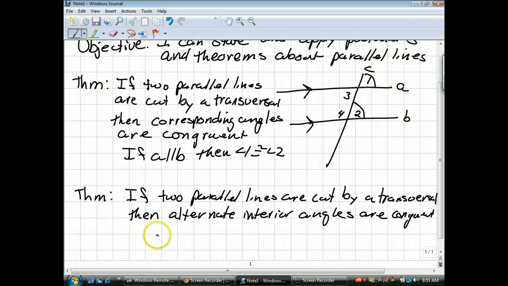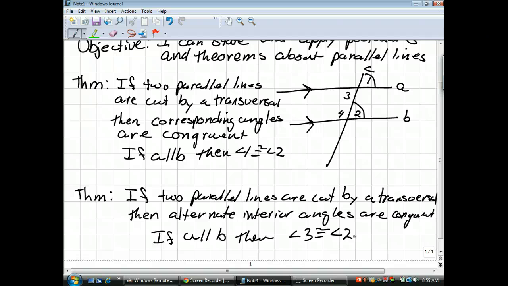Okay, so in other words, if A is parallel to B, then we can say that angle 3 is congruent to angle 2, because angle 3 and angle 2 are examples of alternate interior angles in this picture.